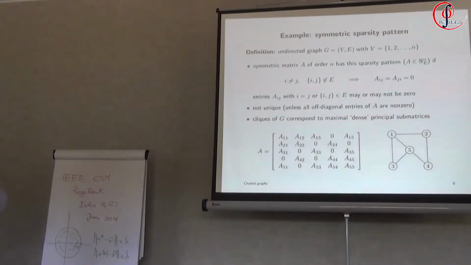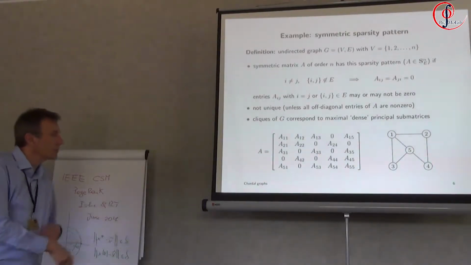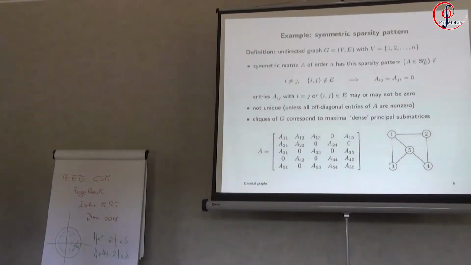Later, when we apply this to symmetric matrices, we'll use graphs to describe a sparsity pattern. In that application, the vertex set will be the indices of the rows and columns in the matrix, so V will just be the set 1 through n. The edges have the following meaning.